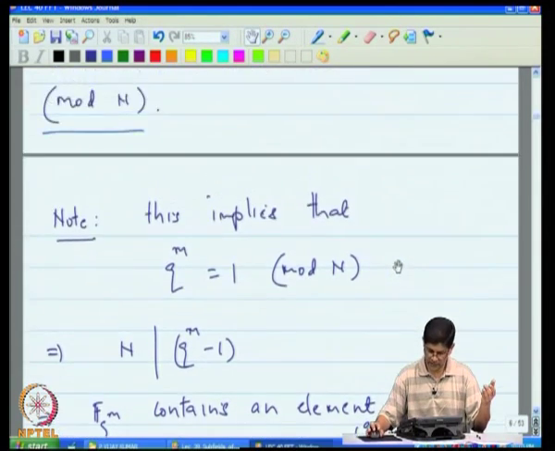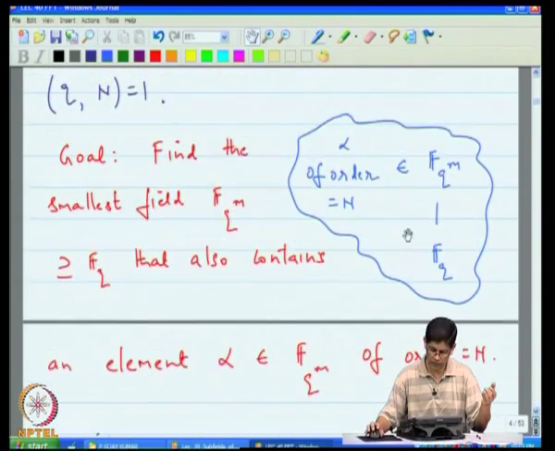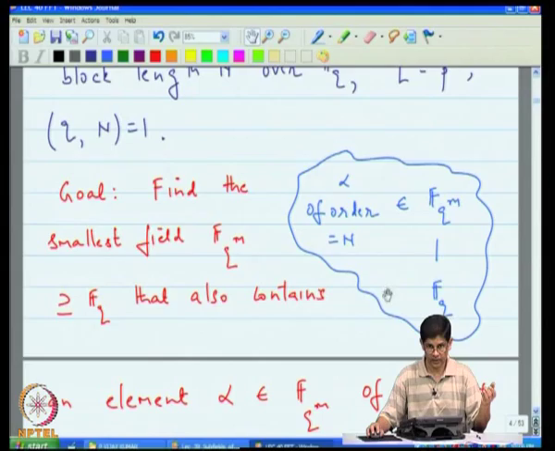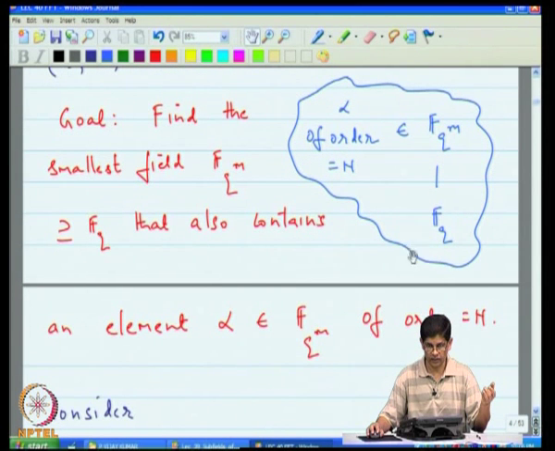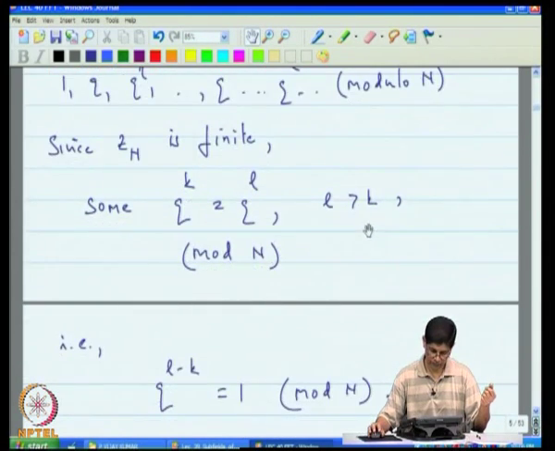Again, just to quickly recap, our goal was to build cyclic codes over this field which we call the ground field, but it turns out that in order to develop the theory you need the presence of an element alpha whose multiplicative order is n. So, you are forced to enlarge the size of your field and go to a bigger field which contains the element that you are actually looking for.